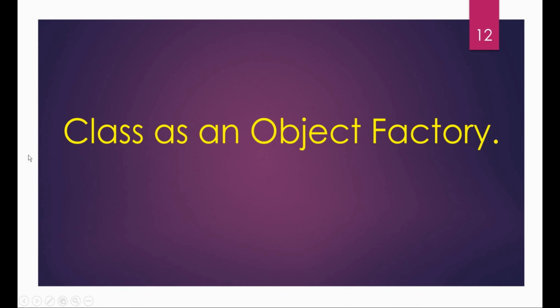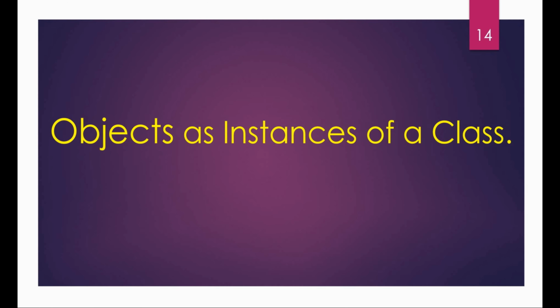So let's take a look at another such statement, class as an object factory. You and I as humans, as objects, are examples of the class humans. And so are dogs, and so is every other living being an example of their own classes. That's because we follow the blueprints or the guidelines which are required for us to be an object of our classes.